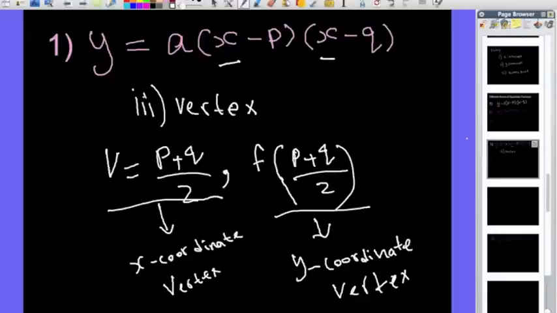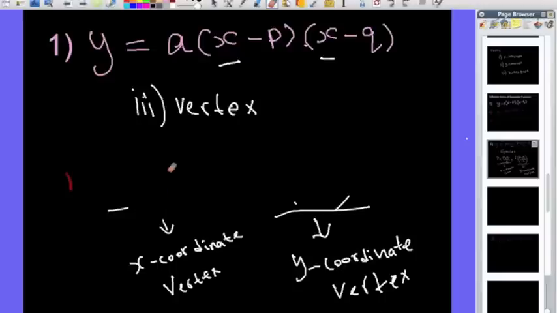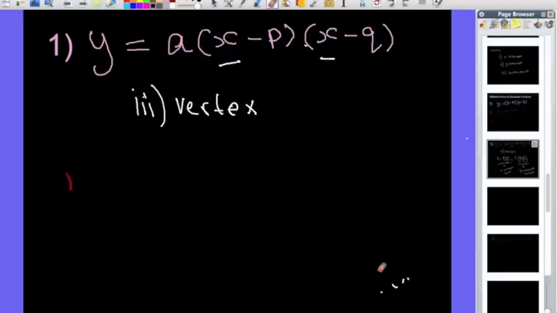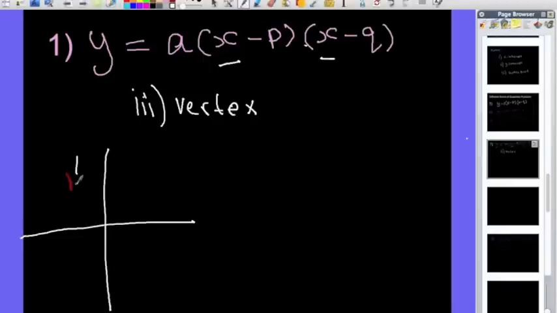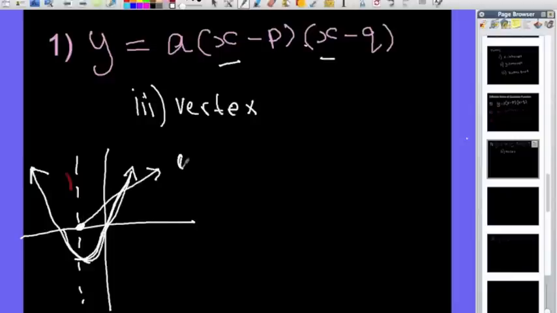Let me show it on the graph. Basically, if you have a y-axis and an x-axis, and this is the axis of symmetry, and this is your graph, this point is your x vertex, the x coordinate of the vertex.